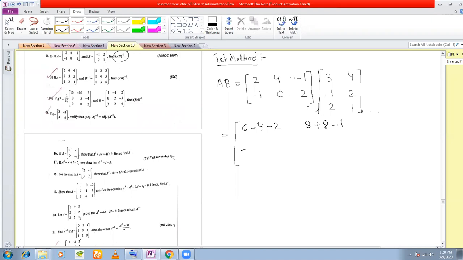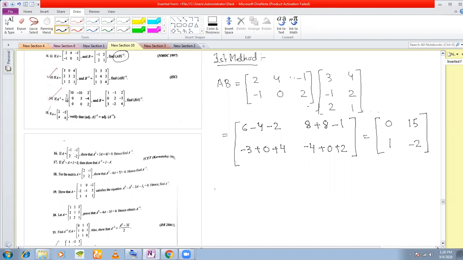Next, you have minus 3 plus 0 plus 4. And next, you have second row, second column, minus 4 plus 0 plus 2. So the matrix that you are getting here is 6 minus 6, 0, 8 plus 8, 16 minus 1, 15. And this is again 1. And this is minus 4 plus 2 is minus 2. So product AB you are getting as this.